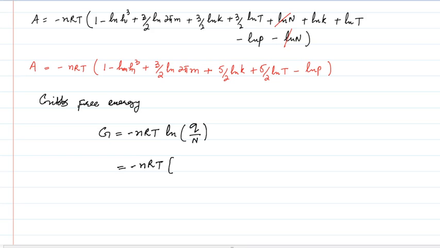It will be minus ln of h cube plus 3 by 2 ln of 2 pi m plus 5 by 2 ln of k plus 5 by 2 ln of T minus ln of P. Okay, so this is how the Gibbs free energy can be written in this form. Okay, thank you.